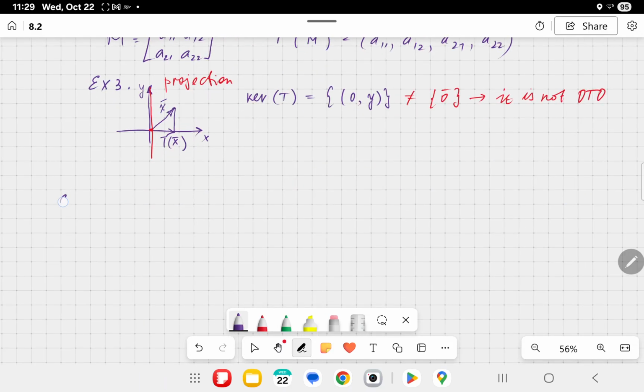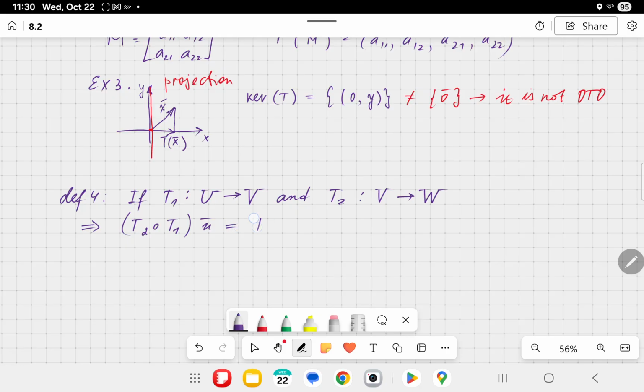Okay, definition number 4. If we have two transformations, T1 a linear transformation from U to V and T2 a transformation from V to W, then we can define a composition of the two transformations, T2 after T1, which is going to be just the application of the two transformations in order. Composition.